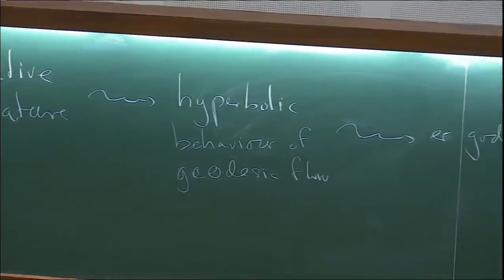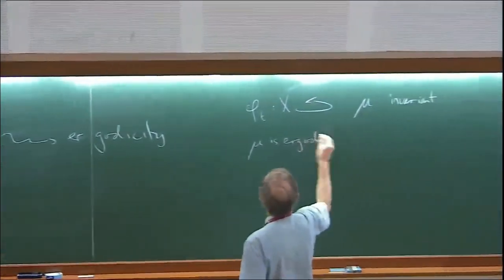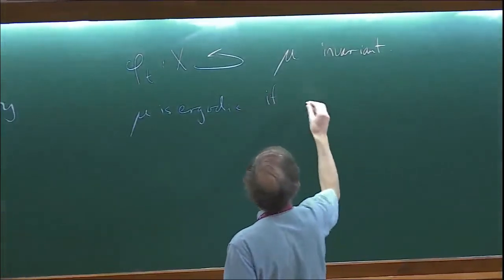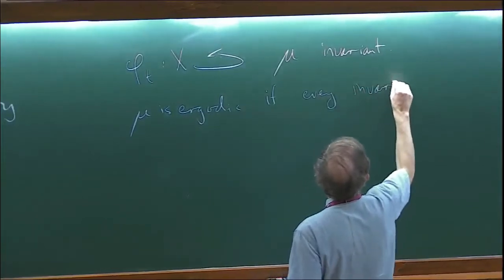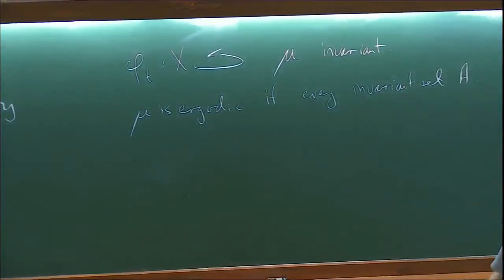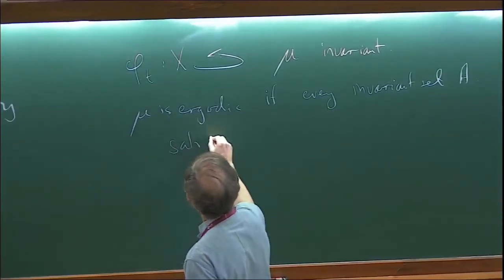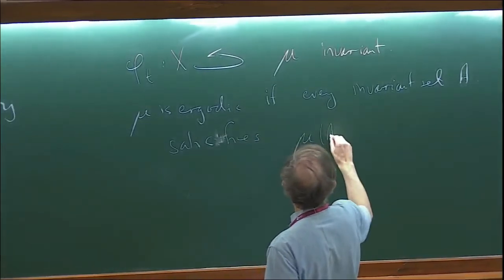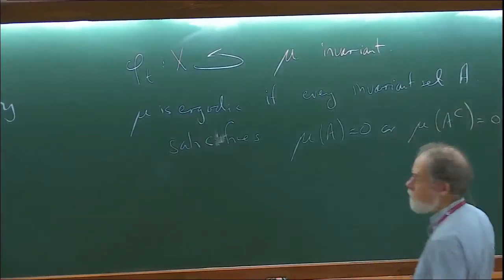Then we can say that mu is ergodic, or we could say that the flow is ergodic with respect to mu, if whenever we have an invariant set, so this is a set which stays inside of itself when you flow it along, this set satisfies mu of A is 0, or mu of its complement is 0.